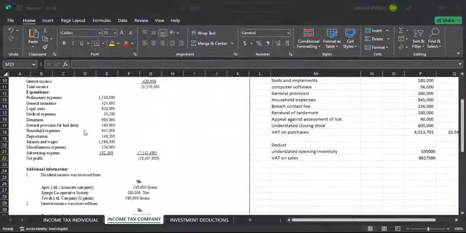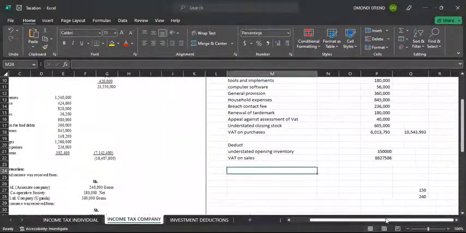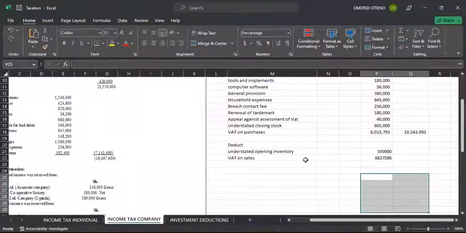Another item. So some people are asking me about the photocopying machine, which was given there. So my question is, we were able to see how we treat VAT.